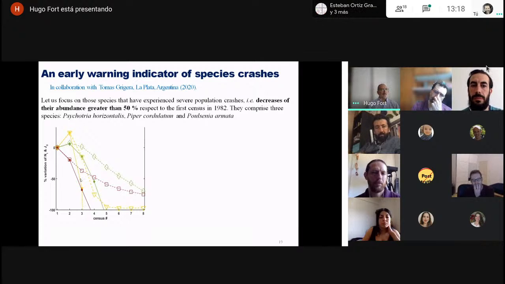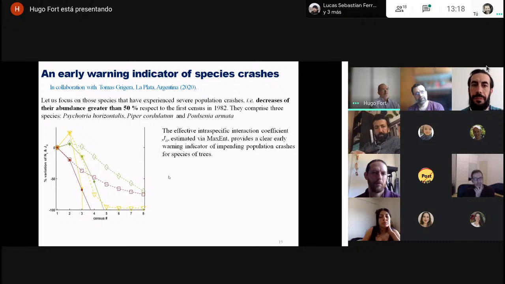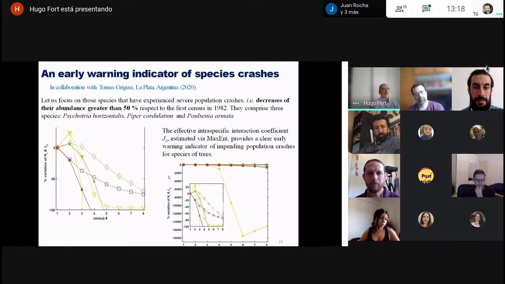Okay, so in this way, it is an early warning of what is going to happen with this species, and the same for all the other species that are experiencing these dramatic losses. So the effective intraspecific interaction coefficient, JII, estimated via MaxEnt, provides a clear early warning indicator of impending population crashes for species of trees.